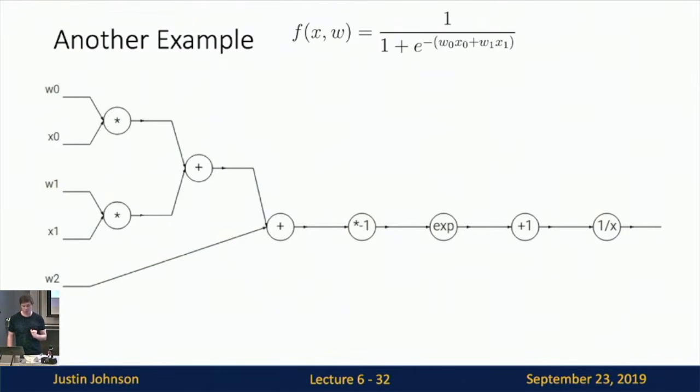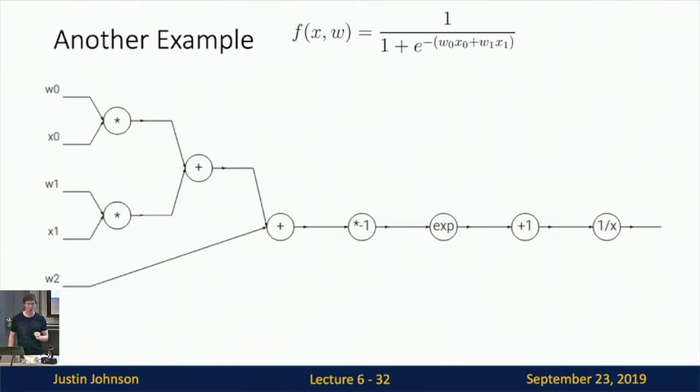Here's another example of running backpropagation in a computational graph. This should look something like a logistic classifier if you care about these equations. But the details of exactly what the functions are computing are somewhat irrelevant for the purpose of this lecture. We just care about computing gradients in arbitrarily complex functions.